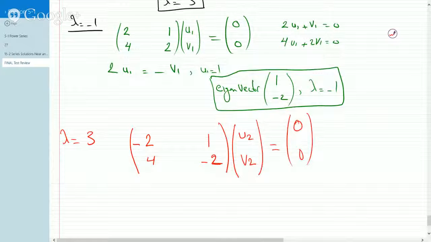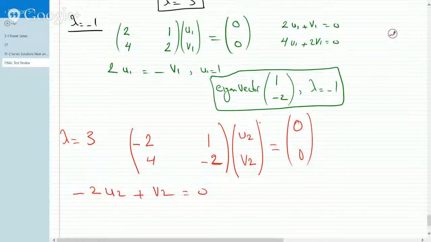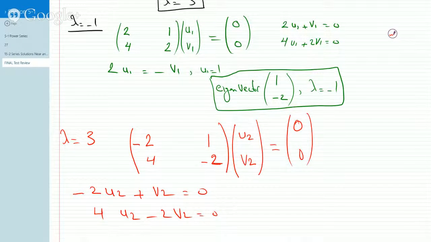And again, we're going to get two equations. Minus 2u2 plus v2 equals 0. And 4u2 minus 2v2 equals 0. Again, those are a linearly dependent set of equations. If you multiply the first one by negative 2, you get the second one. Or if you divide the second one by negative 2, you get the first one. We do not attempt to solve these two equations.